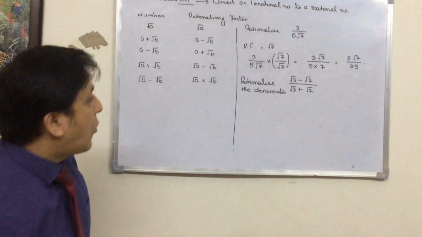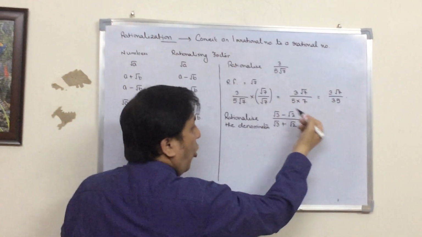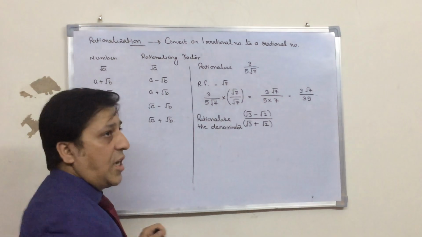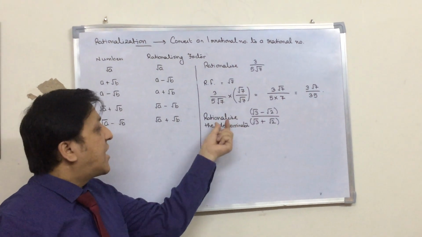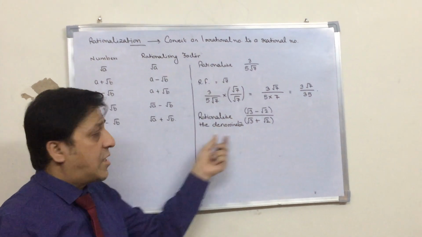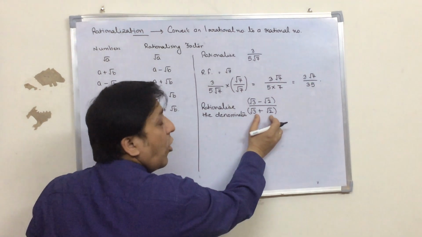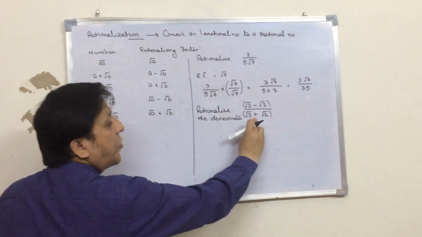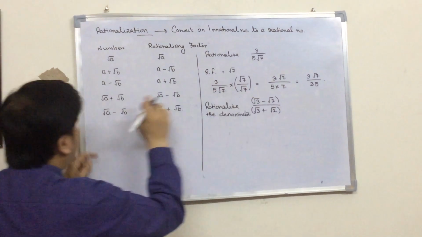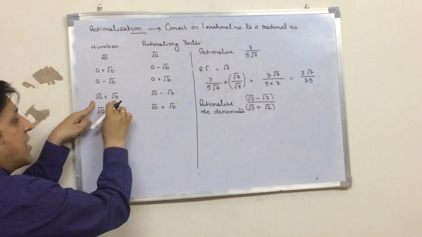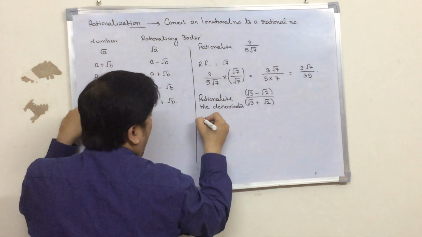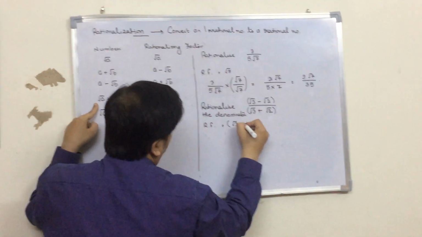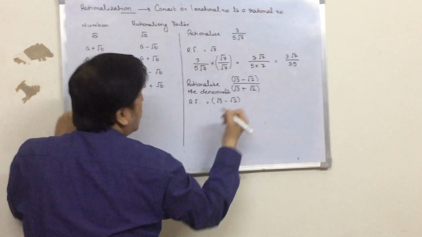Now in this question, though the numerator and the denominator are both irrational numbers, because the question says I have to rationalize the denominator, we only focus on the denominator. The denominator is under root 3 plus under root 2, which is of the form under root a plus under root b. So my rationalizing factor will be under root 3 minus under root 2.